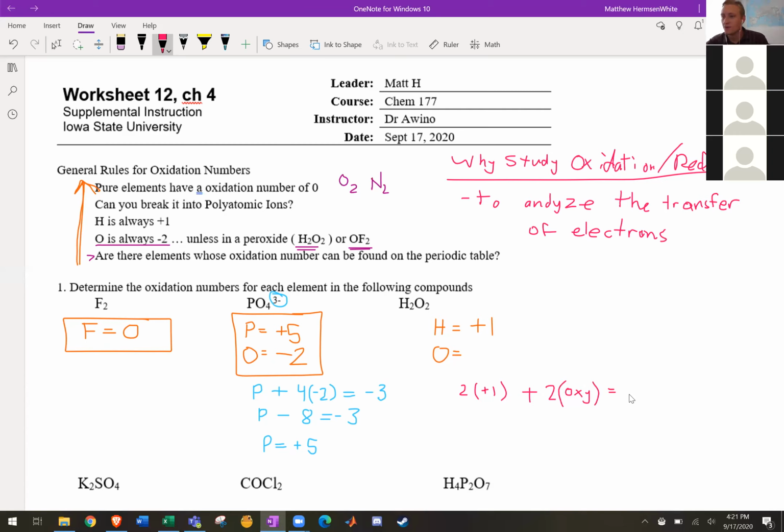Okay, so Sarah said 0. Why? You're right. Do you know why you're right, Sarah? Because there's no number at the top. Okay, yeah. So anytime there's not a number up here, that means the total charge is equal to 0. I'm going to put a 0 here.